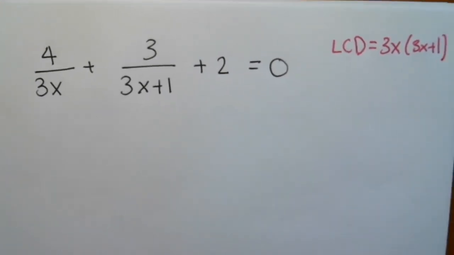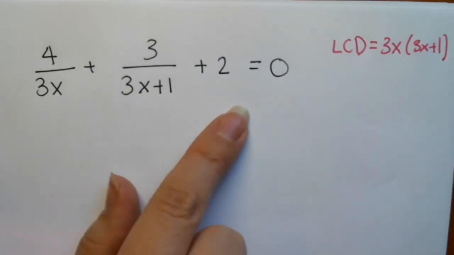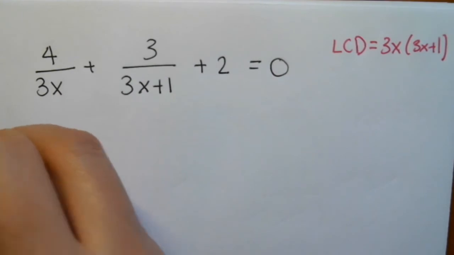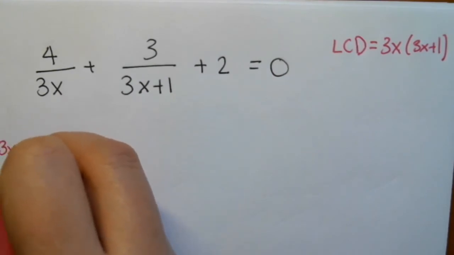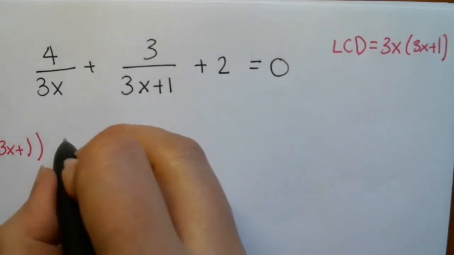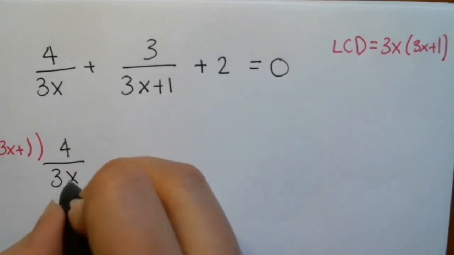So everywhere here, I'm going to multiply by the LCD. So I'm going to go ahead and write it out. I have 3x times 3x plus 1, times the original term, which was 4 over 3x.